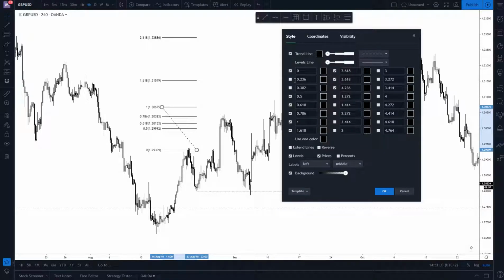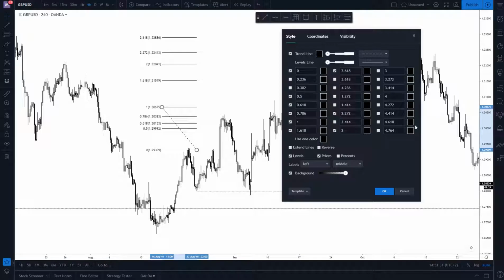And for the levels, I never really use the 0.236 and 0.382. I use all of these: 0.5, 0.618, 0.786, and for the extension I use the 1.618, 2 as a whole number, and you can also add the 2.272.